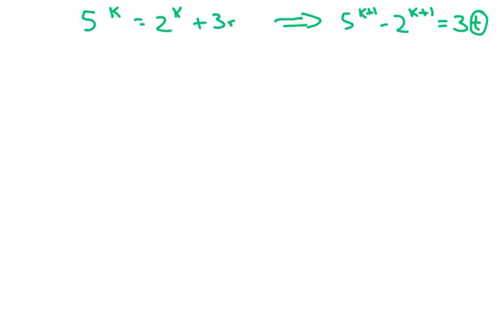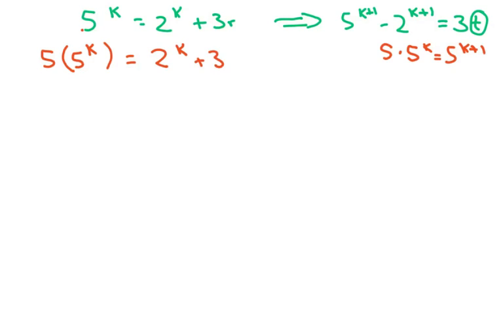And so what I'm going to do is multiply both sides by 5. So I'm going to take 5 times 5 to the k, because 5 times 5 to the k equals 5 to the k plus 1. I'm also going to multiply this side by 5, but I'm going to write it as 2 plus 3.